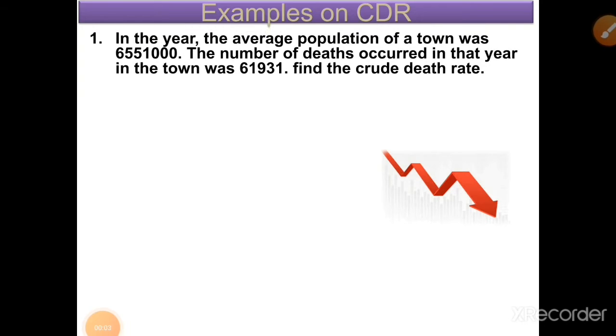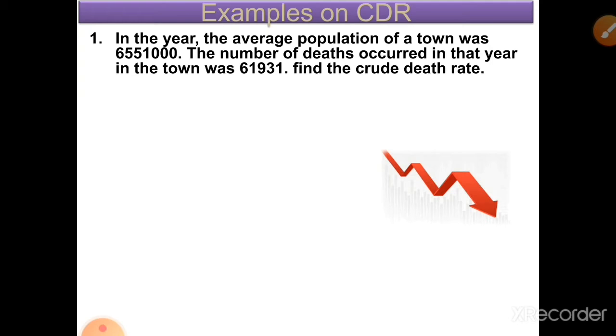Examples on CDR. First example: in a year, the average population of a town was 65 lakh 51,000. The number of deaths occurred in that year in the town was 61,931. Find the crude death rate.